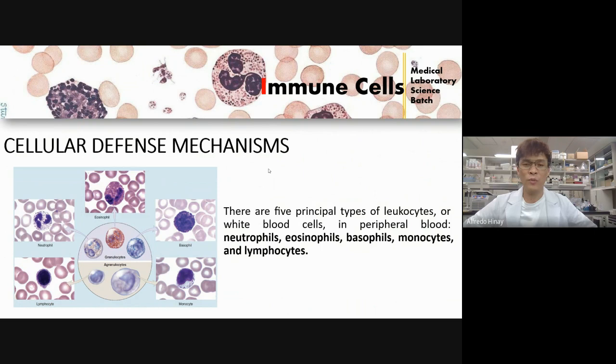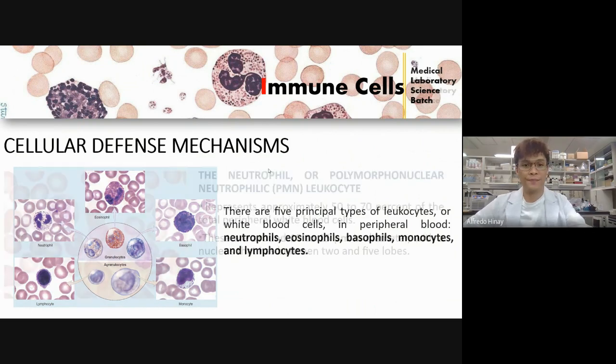I hope that we can cope with that, because this is very crucial. Again, the purpose of this slide is for you to understand that we have five major parts of your immune cells: neutrophil, eosinophil, basophils, monocytes, and lymphocytes.